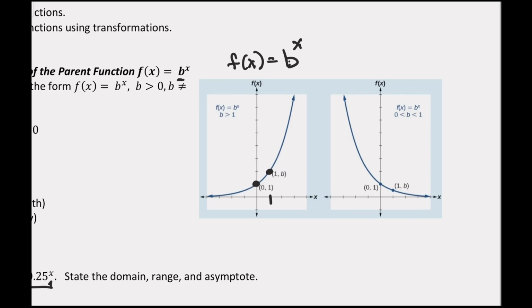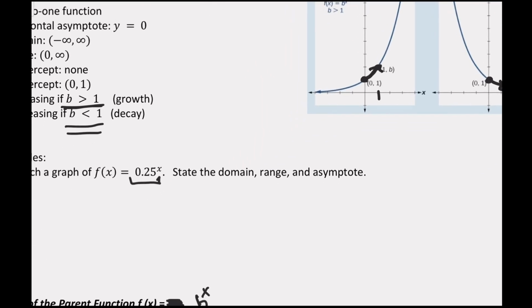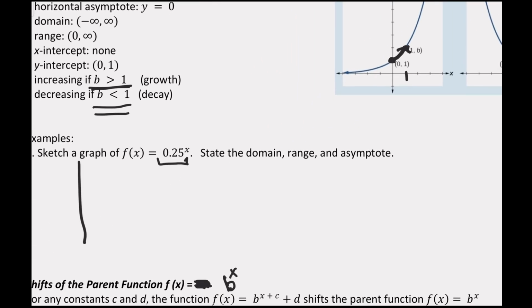Whatever that b value is will dictate whether you're going up or going down. I see my b value is 0.25, so if I plug in a 0, I will get a 1. If I plug in a 1, I'm going to get 0.25. So this one looks like this, and from left to right, it goes down.